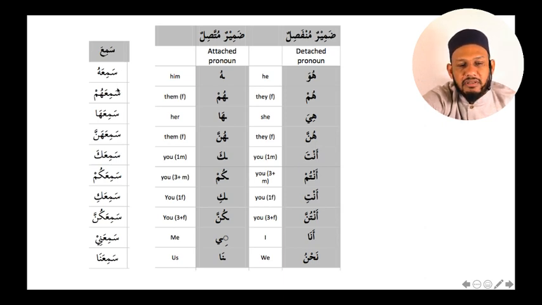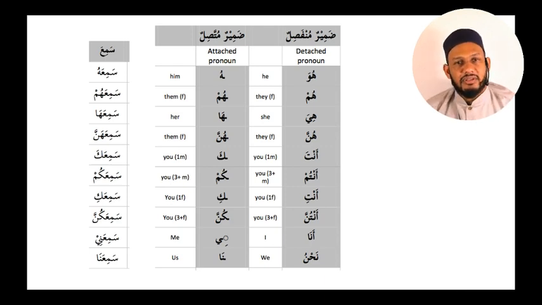Sami'ahu means he heard him. Sami'ahum means he heard them. Sami'aha means he heard her. Sami'ahunna means he heard them, females. Sami'aka means he heard you, one male. Sami'akum, he heard you, many males. Sami'aki means he heard you, one female.